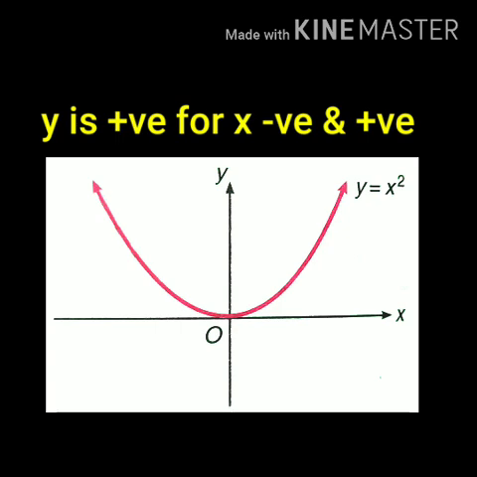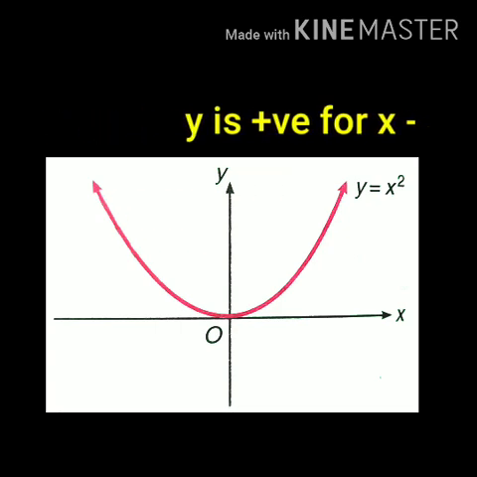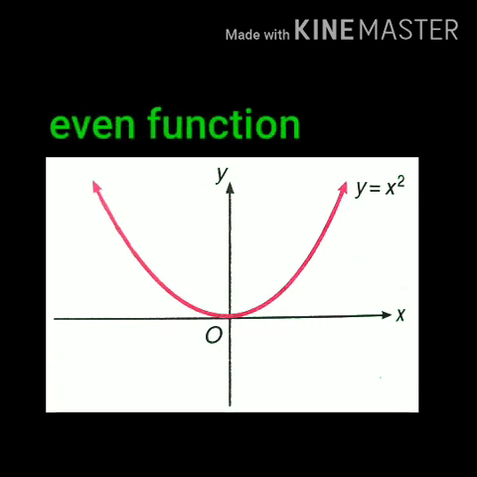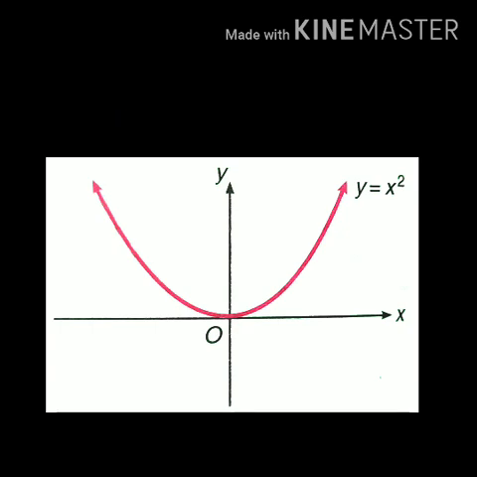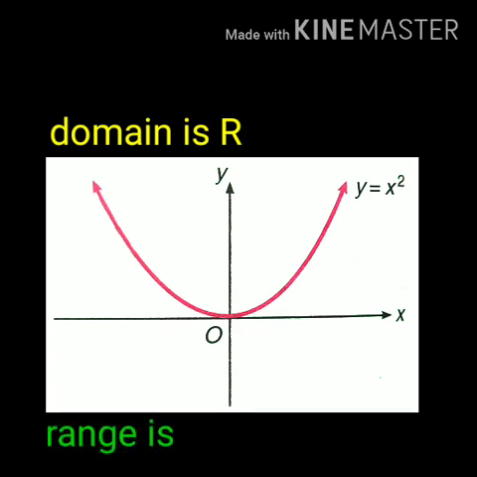Also, the values of y are positive for all positive and negative values of x, so this type of function is also called an even function, and this graph is always symmetric about the y-axis as seen in this diagram. From the graph we get the domain of this function is the set of real numbers R and the range is positive real numbers including 0, or 0 to infinity.